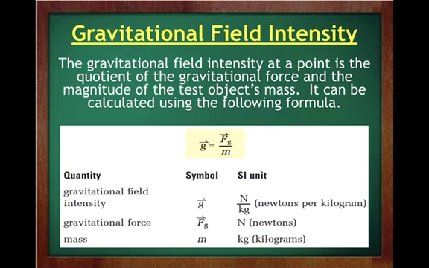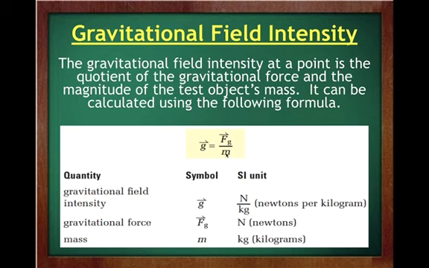So it's different than the electric one. The electric one was the force divided by the charge, but with gravitational field intensity, it's the force divided by the mass. So very similar. This is the gravitational field intensity, this is the gravitational force measured in newtons, and this is the mass itself.